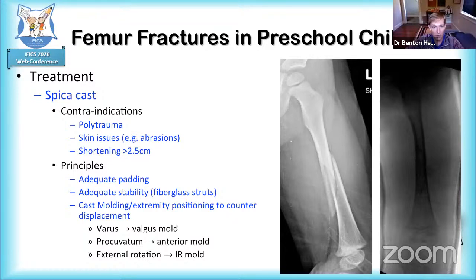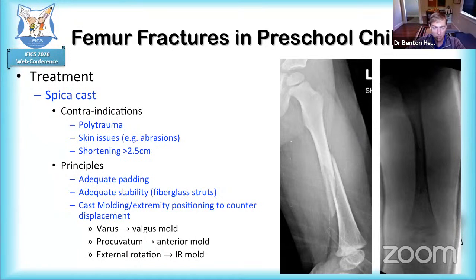The principles will be reviewed again, and Dr. Sheetal Parikh has a wonderful ViewMedi video on application of a spica cast that I believe we need to provide a link for. It needs to have adequate stability, so whether we use plaster or fiberglass, generally struts in the right positions need to be applied, and then cast molding is important to counter the displacement as we discussed before.